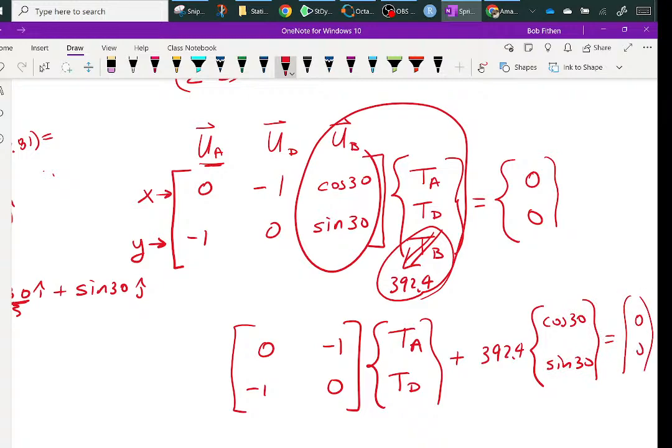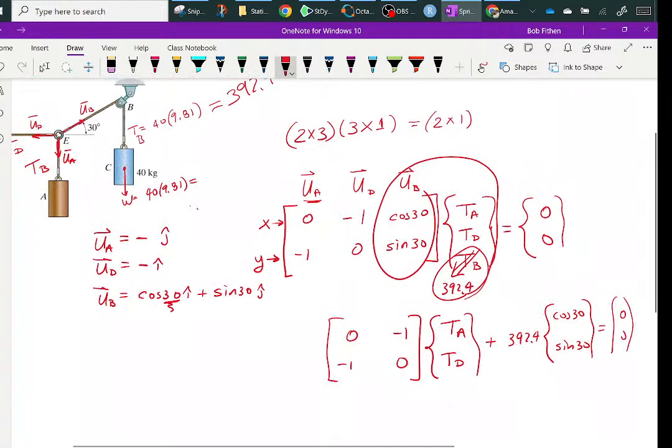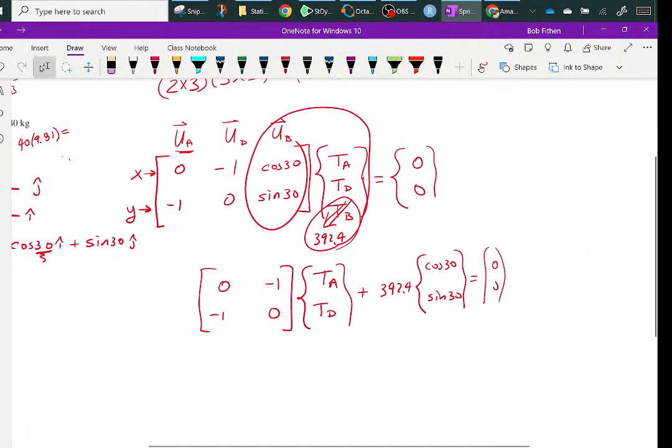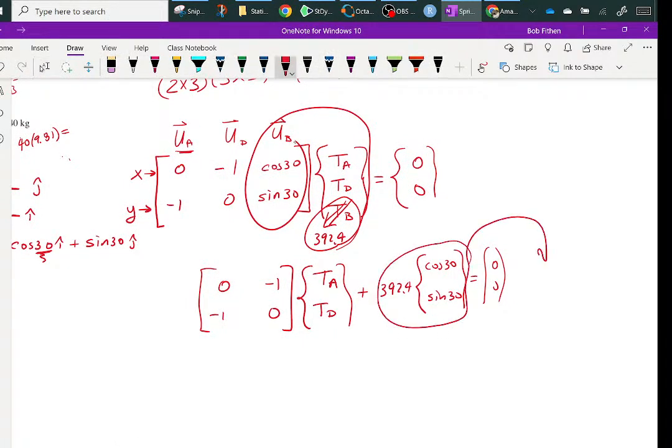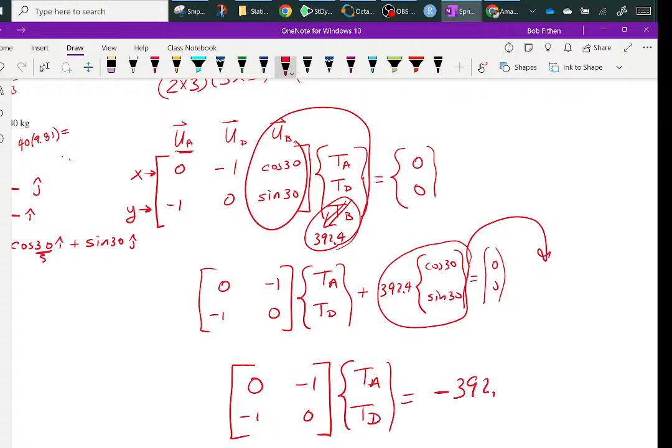Where's UB? UB is right here. It points up and to the right. Now I can take this and move it to the other side, and I'll get a minus 392.4 with cosine of 30 and sine of 30.